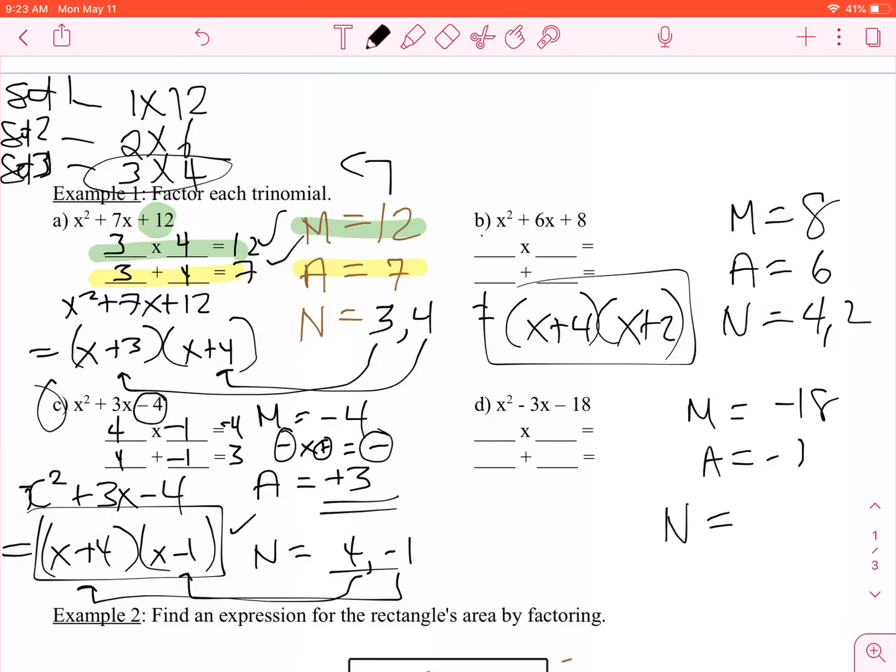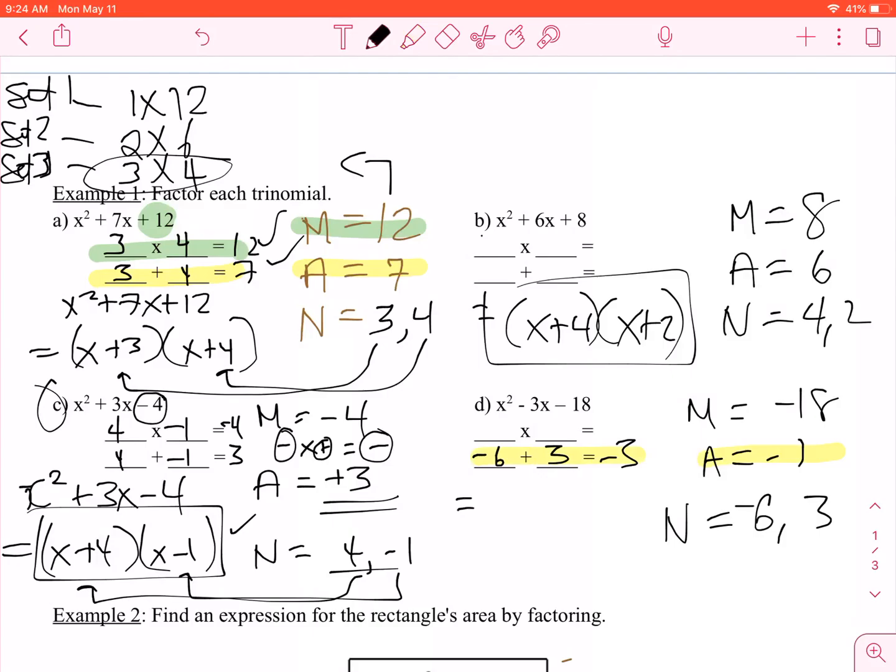So this should be 9 and 2, no, 6 and 3, and then we'll take the negative 6. Okay, now I'm putting the negative 6 with that place, because if I add negative 6 plus 3, I get negative 3, which is what I wanted in the A part.